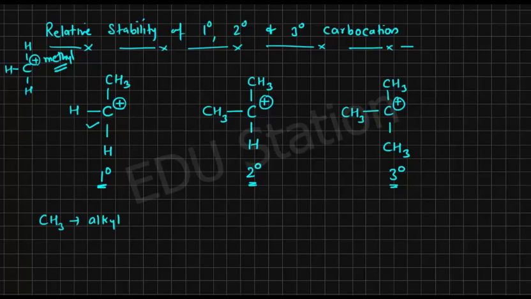Alkyl groups tend to have an electron donating effect, which is termed as plus I effect, which we just studied. So, they tend to give electrons.